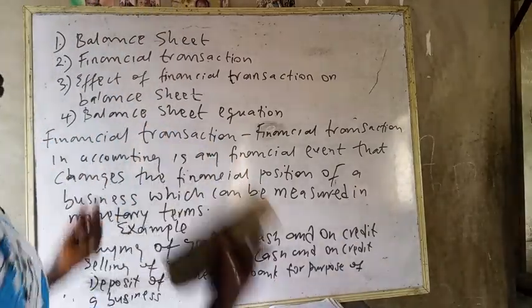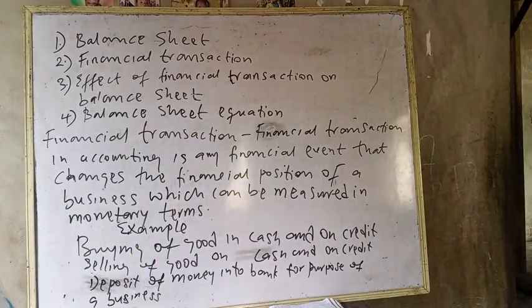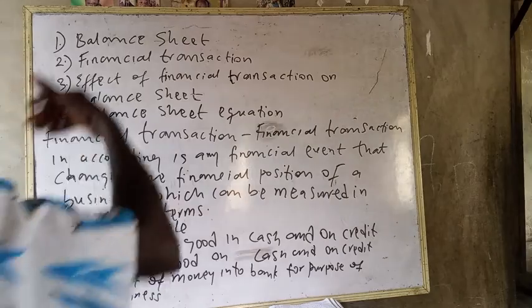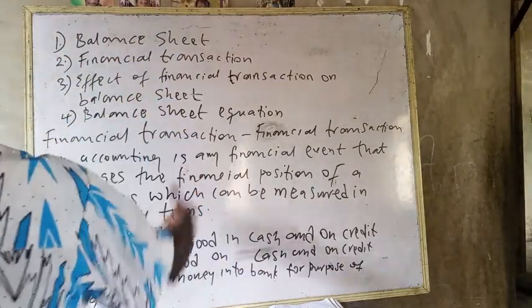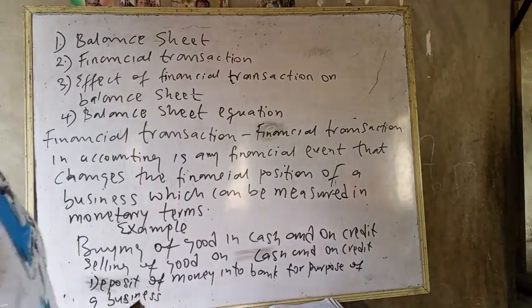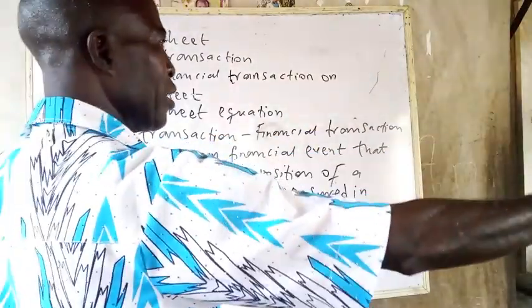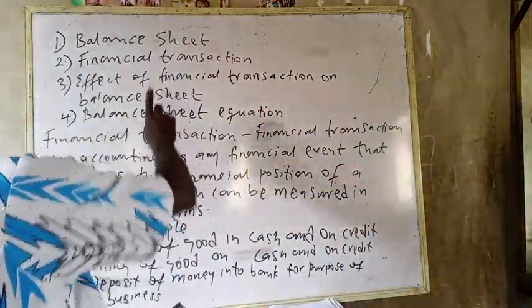On financial position, there must be credit or debit. And it has two effects on the balance sheet also: debit and credit of accounts elsewhere. Then in the balance sheet also it has two effects.